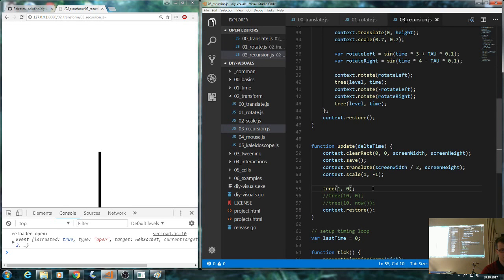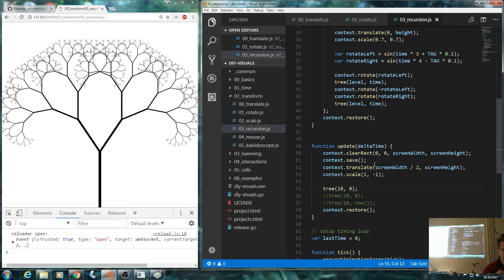So we can do this with this code. We have just drawn the same thing multiple times recursively. Fractals. Yes, fractals.